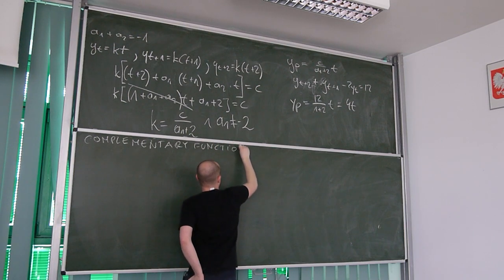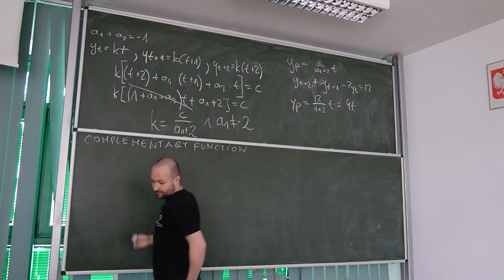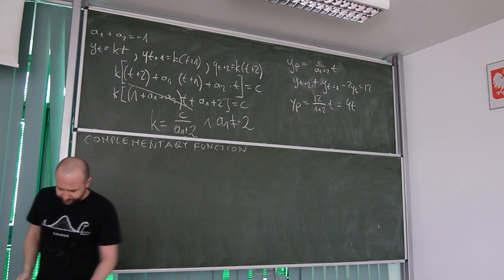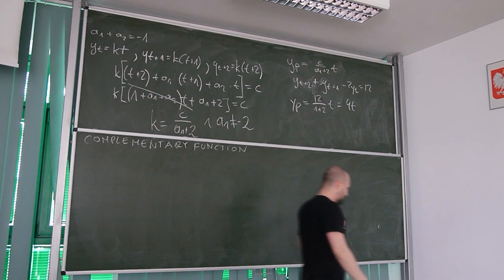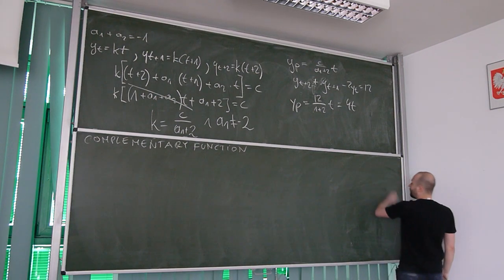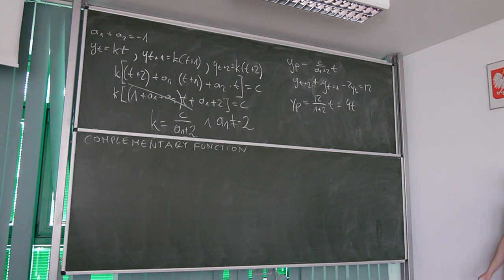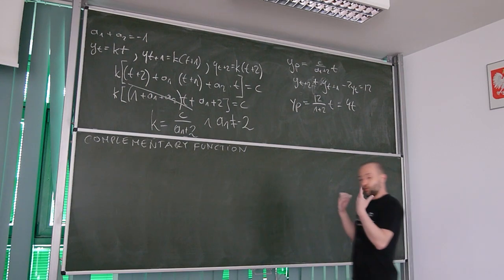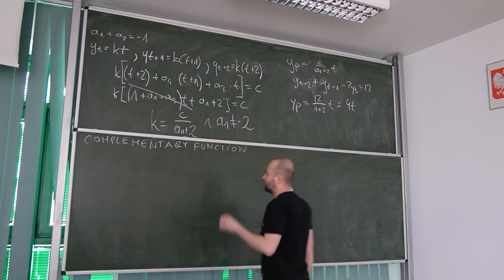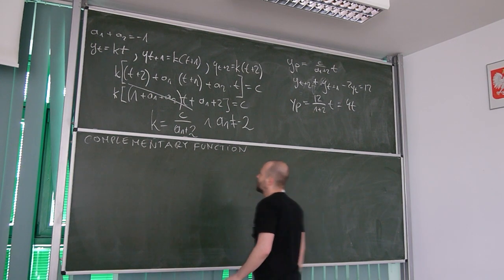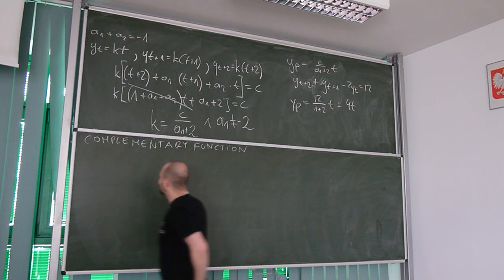Just as before, the complementary function is telling us what will happen if a variable is thrown out of equilibrium. With our experience from before, we know that in order to obtain the complementary function, we don't need to solve the entire equation.